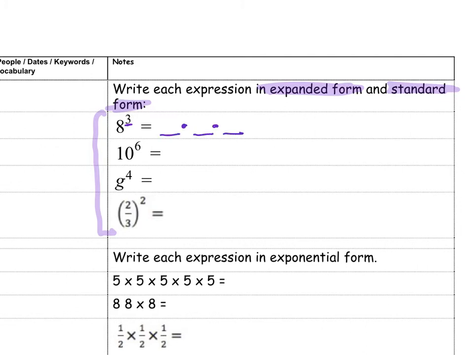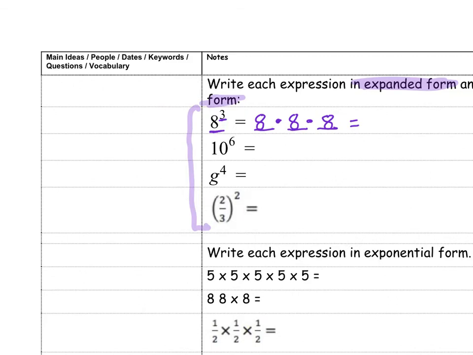This dot, by the way, means multiplication. The factors are, this is called the base. So the base is 8. That tells us what our factor is. So that is in exponential or expanded form.